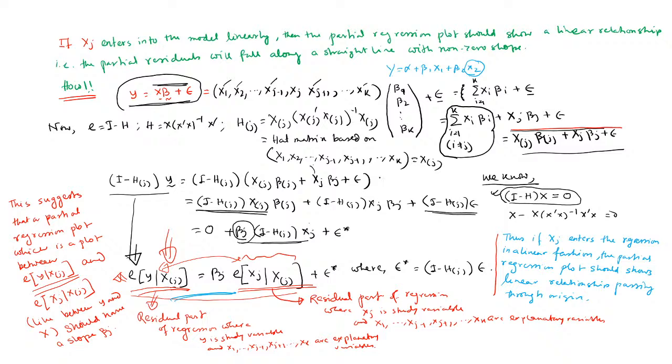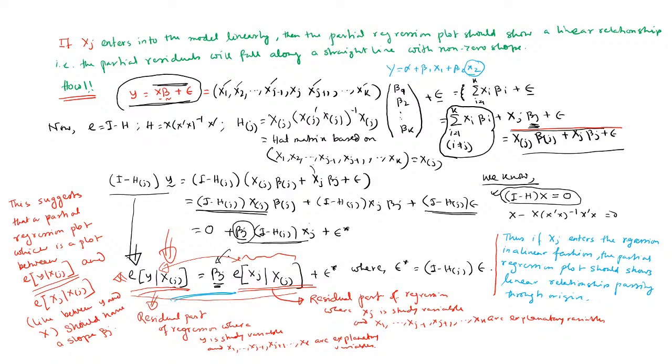Beta j is the regression coefficient of the original model, and for this regression line where we use y given xj as the study variable and xj given xj as the independent variable, beta j is also the slope in that situation.